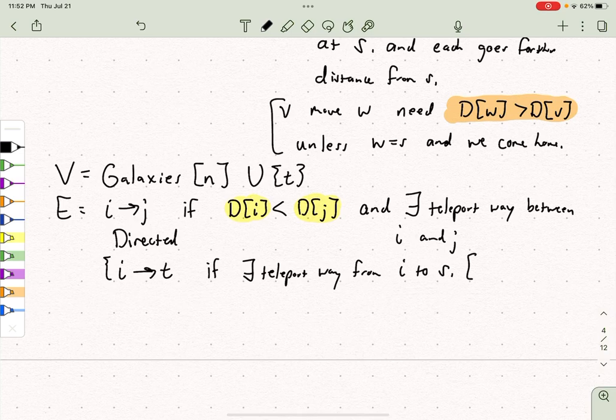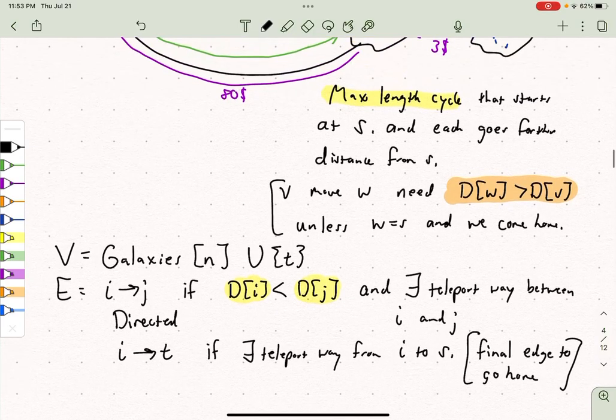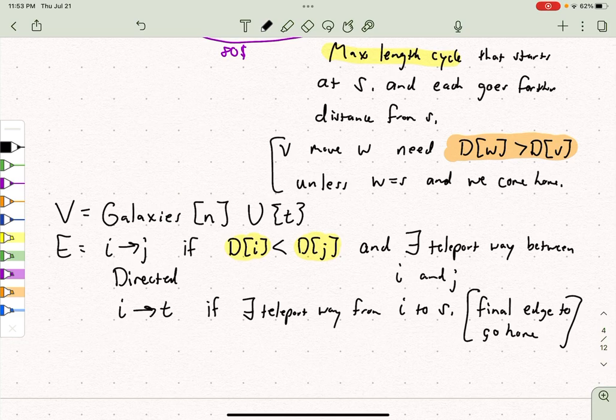So this represents the final edge to go home and complete the cycle. So basically, this gives us a way to just compute a path in the graph, and it automatically tells us what the cycle is, because we always know the final edge will go to s anyway.